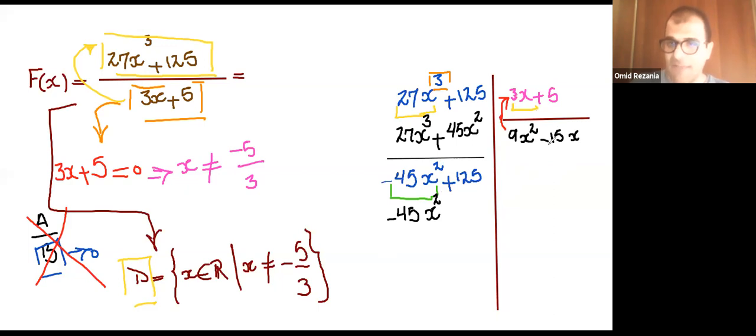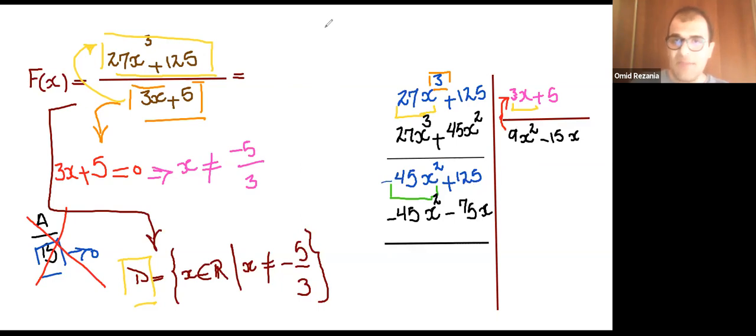And also I have this term, minus 15x times 5 becomes how much? Minus 75 times x. This one is going to be a safe spot to close the step.